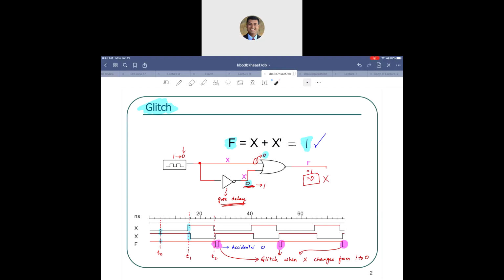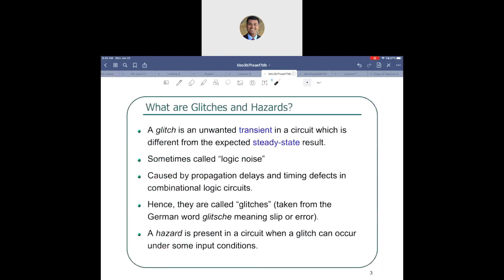All right, let's move on. Glitches come from a German word which means a slip or error. A hazard, so how are glitches and hazards different? A hazard is present in a circuit when a glitch can occur under some input conditions.